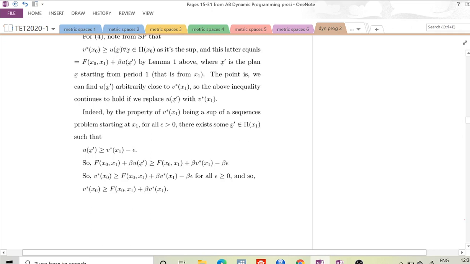Then lemma 1 says I can write u of x tilde as current returns plus beta times u of x tilde prime, where x tilde prime is the path, the feasible plan starting with x1. So V star of x naught is greater than or equal to all of these, and any of these can be broken up into current reward plus beta times the future discounted present value.